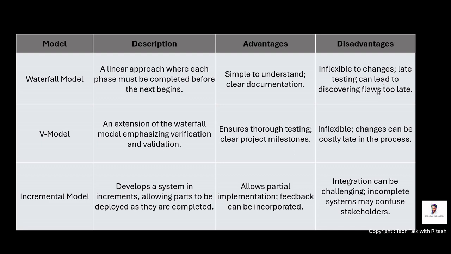Waterfall model disadvantages are inflexibility to changes. Late testing can lead to discovering flaws too late. All right, we cannot go back to the previous phase and do something. Okay, V model, inflexible, changes can be costly late in the process, and the incremental model, integrations can be challenging. Incomplete systems may confuse stakeholders.